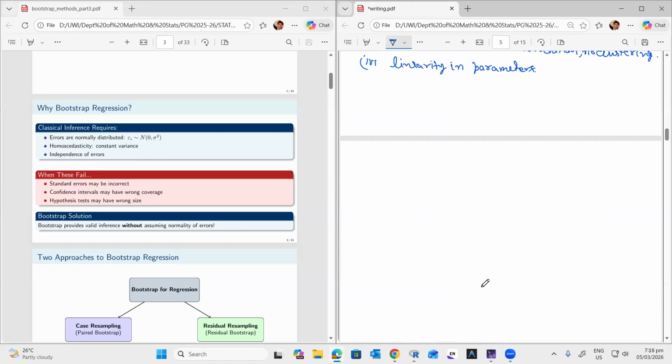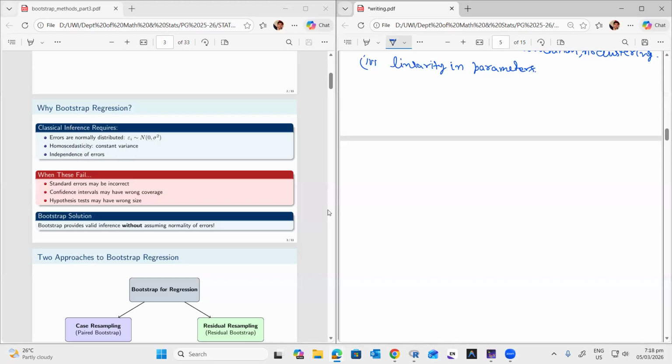So if these assumptions fail, the ordinary least square point estimates may still be unbiased in some cases. It has been seen that even though the assumptions fail, the point estimates may be unbiased, but the other inferences like standard error, confidence interval, and p-values of the t statistics can be wrong.